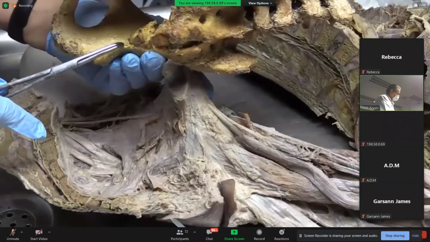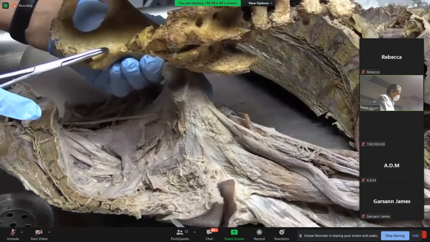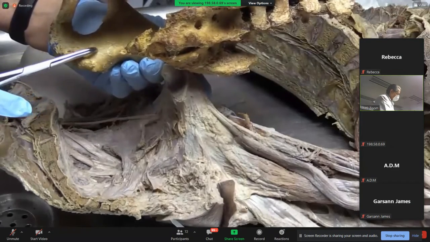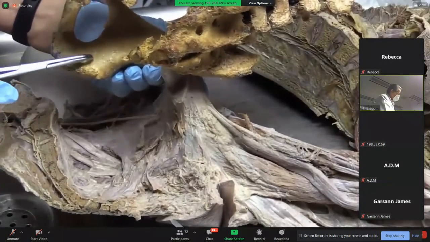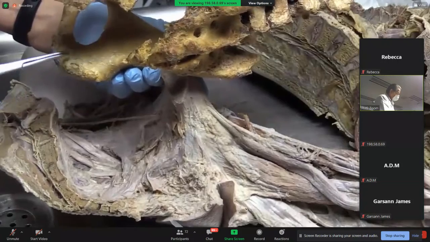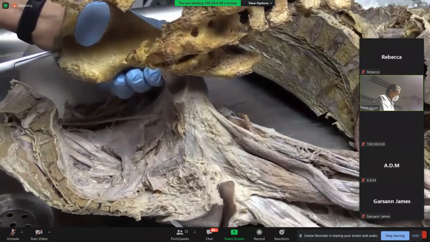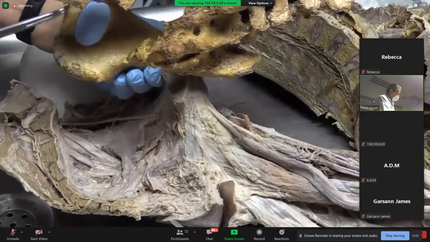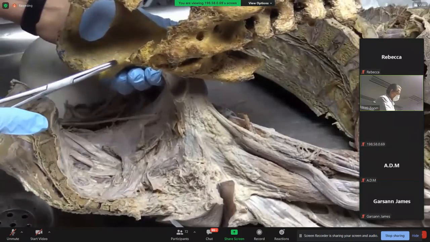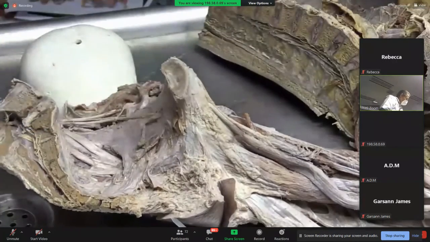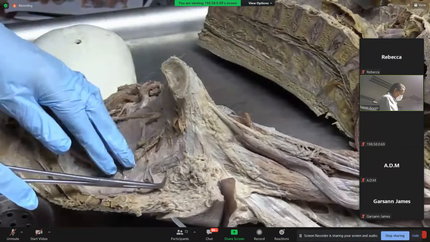It's going to run in a canal that runs on the inside of the ischial tuberosity, and it's going to run towards the UG triangle in front. While it's here, it's going to be called the pudendal canal. So what we're seeing here, this is the ischial tuberosity, this is the pudendal canal.